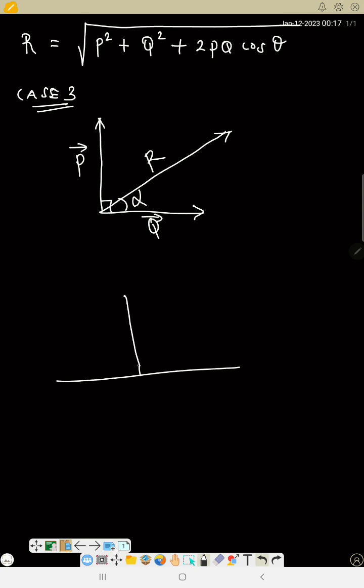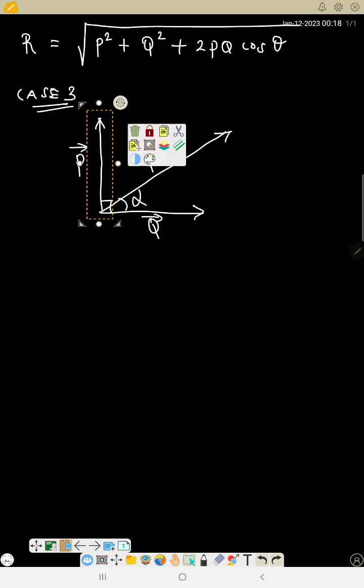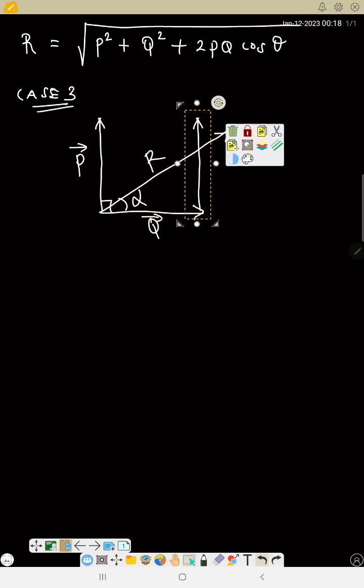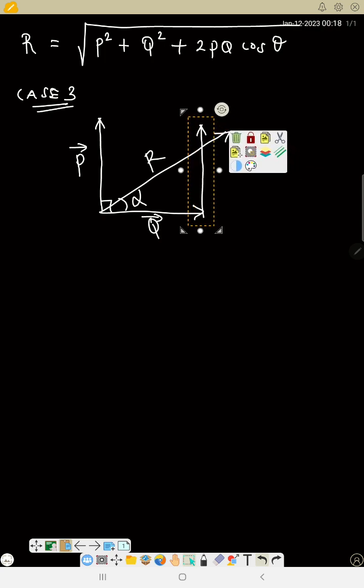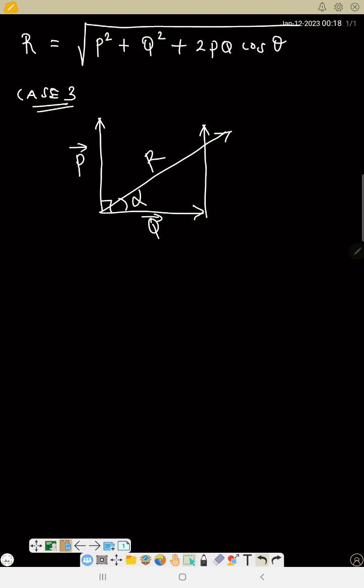If I project this P here, it is the same thing as this place, so there will be a right-angled triangle here, and this place too will be equivalent to P.